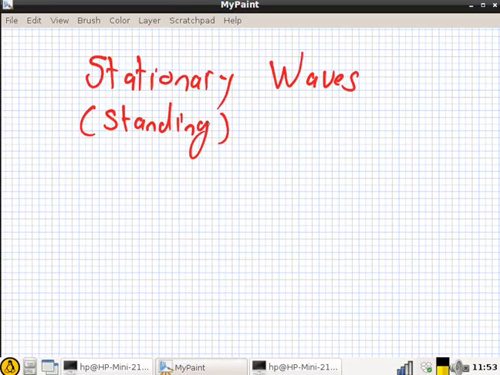What are they doing? They're moving up and down a lot, aren't they? These are two important points on this wave. The point in the middle that doesn't move has a name, and the point where they move the most has a name. Does anyone know this name? Node and anti-node.